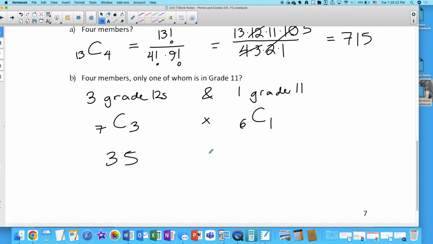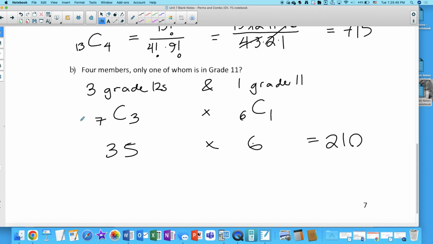Times 6, that's 210. This is how restrictions work with combinations. As soon as you put this restriction in there, it greatly reduces the number of groups that you can make. Okay? All right. So far, so good?